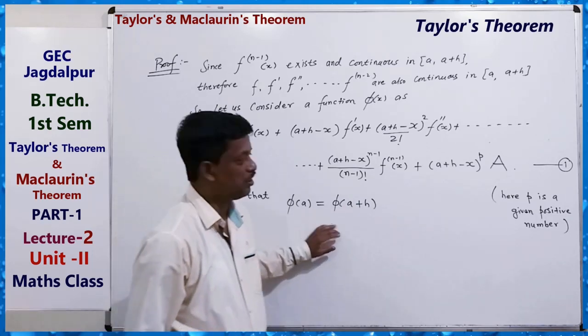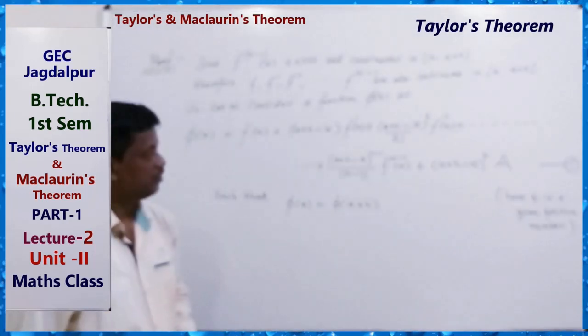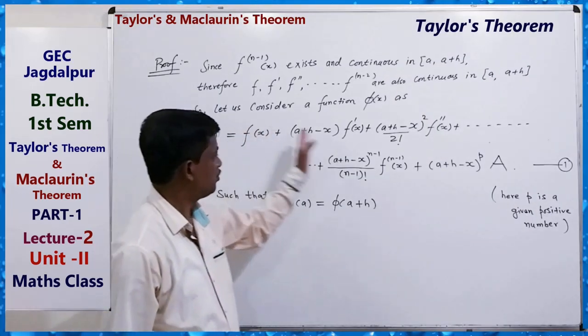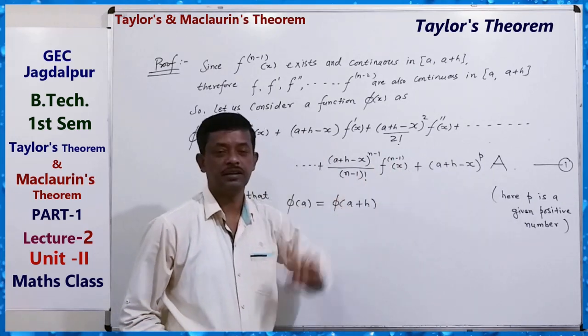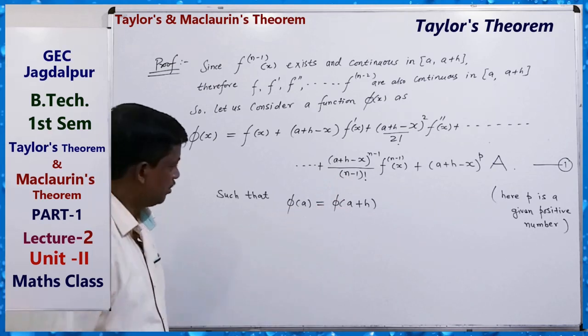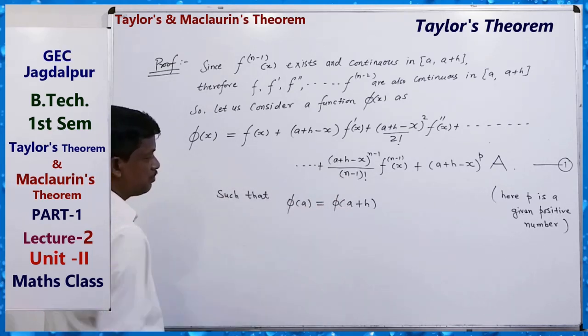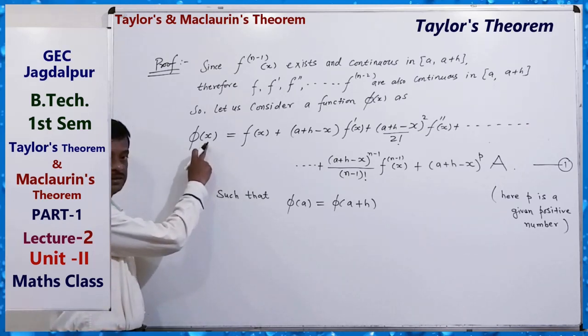This condition is required for finding the value of the constant A here. This is up to n terms, and this is the n plus 1 term. Clear? Now here phi a equals phi a plus h. This is our supposition.